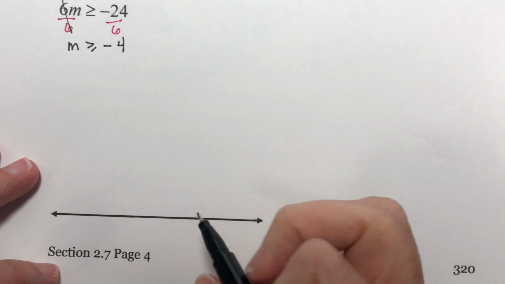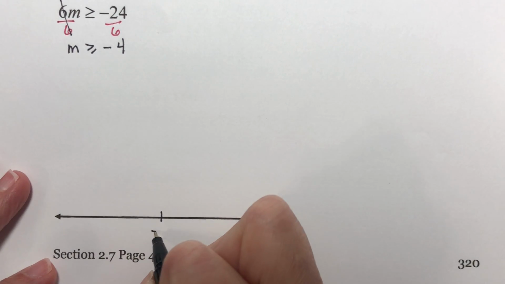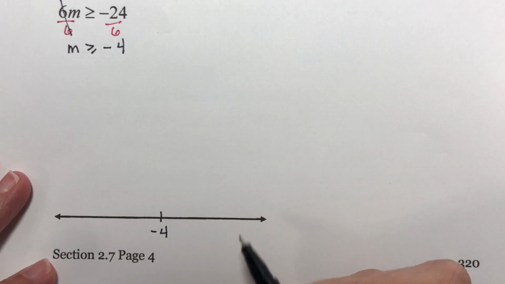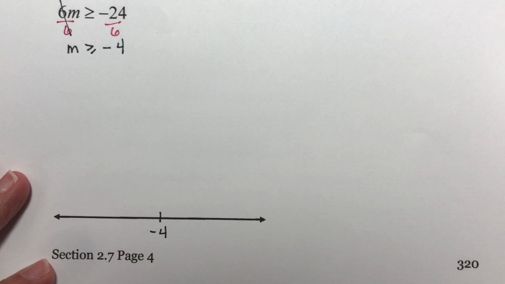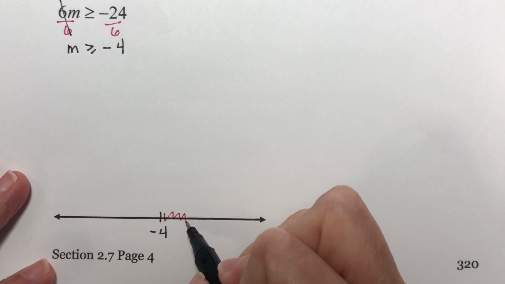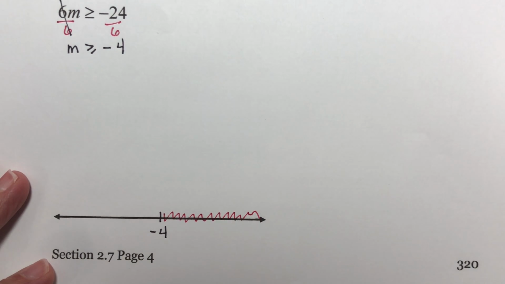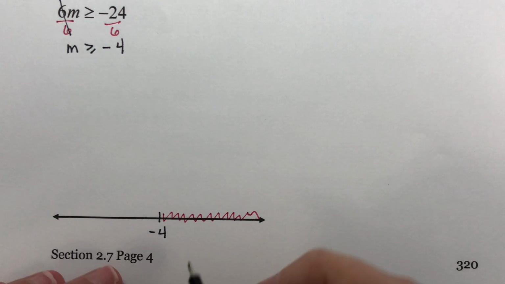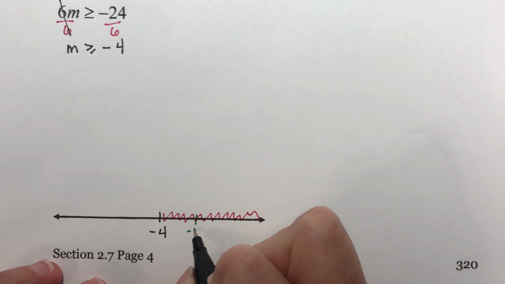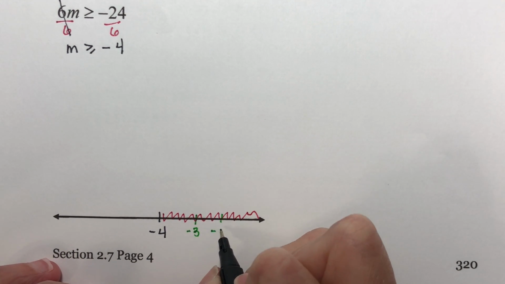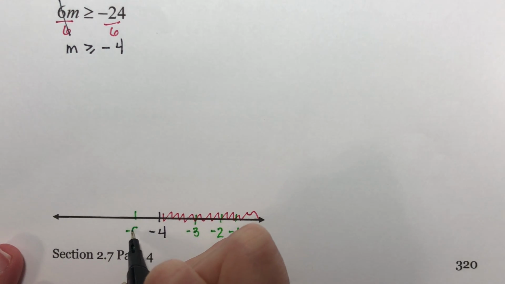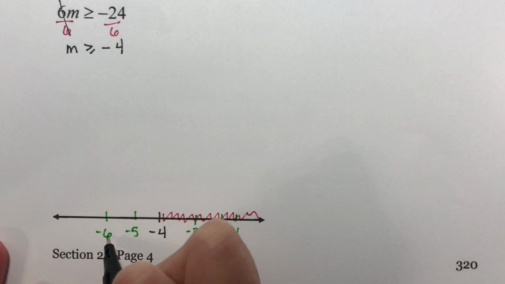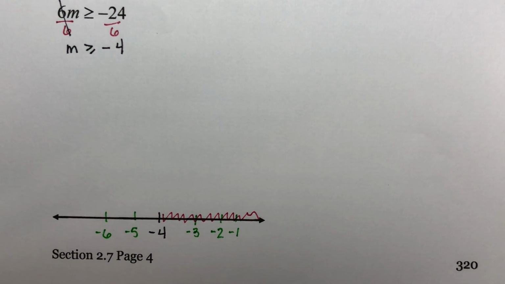So let's put -4 on our graph. My variable is on the wide side, so I'm going to be shading to the right. Go ahead and put some numbers on there if it still helps you. You will eventually get to where you don't need them so much, but don't force yourself into that position until you are ready.